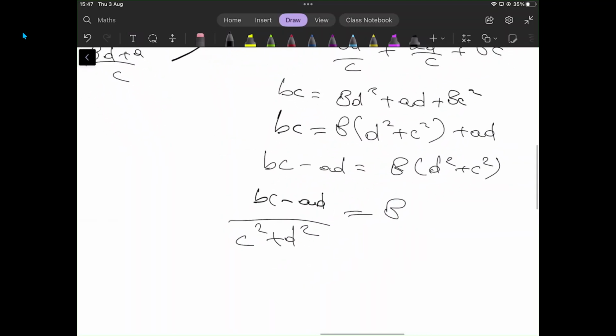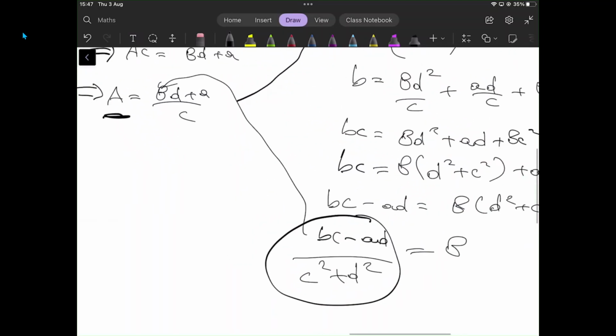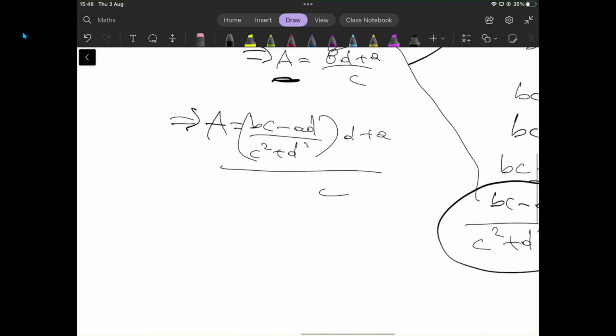So all I need to do is replace this with capital B over there, right? So that capital A equals lowercase b C minus AD over C squared plus D squared, that's what our capital B was, multiplied by D plus A over C. And all I need to do now is just make this look nicer, right?